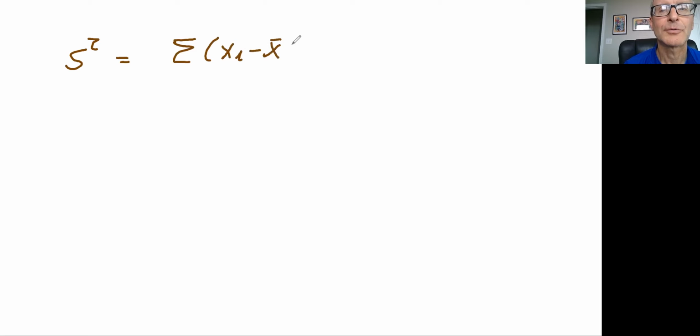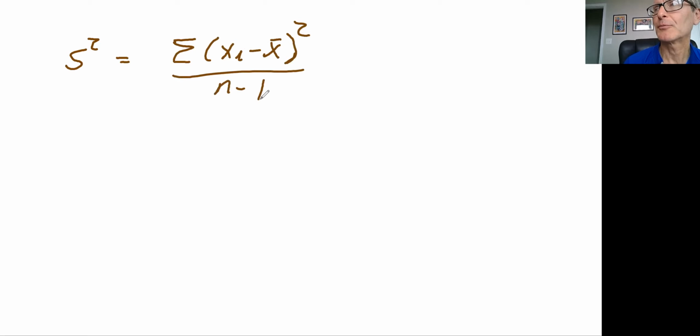You remember we had the sample variance look like this: the summation of xi minus the mean, squared, divided by n minus 1.